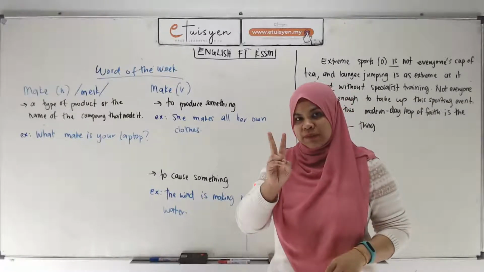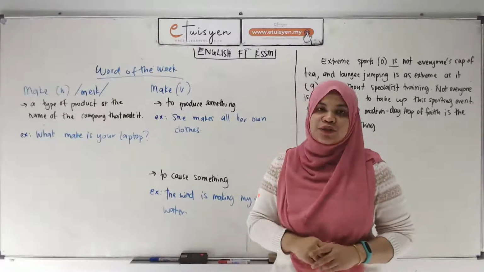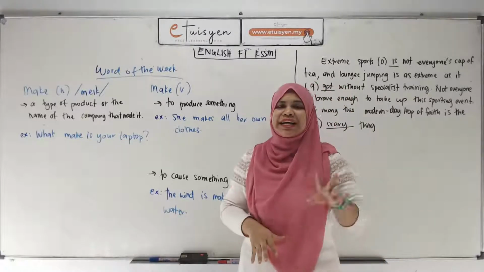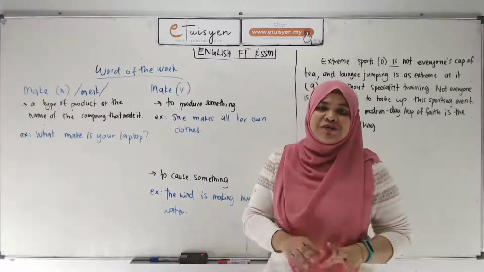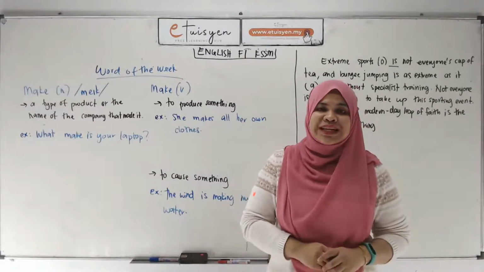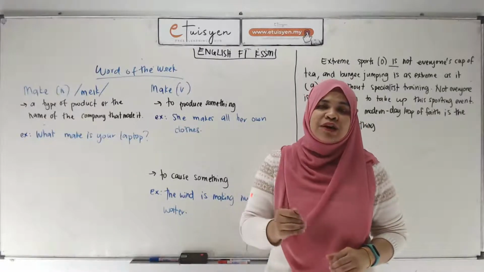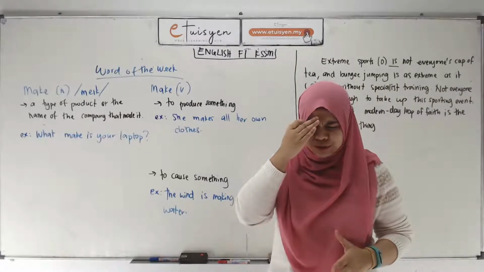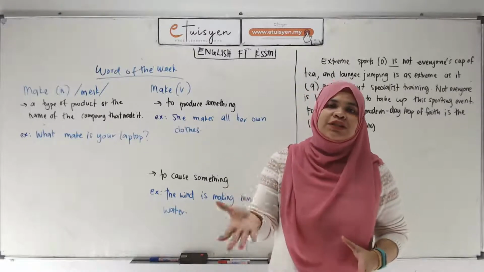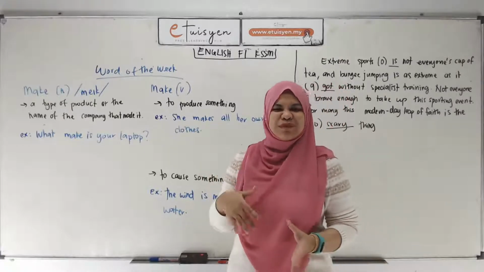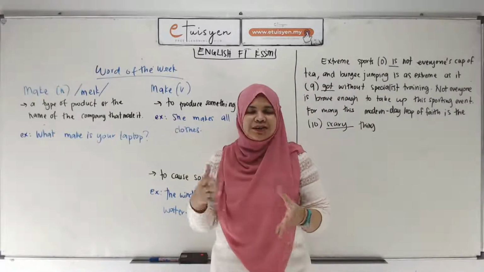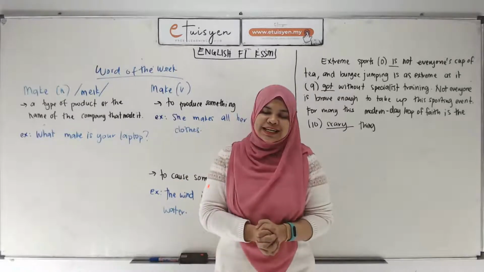Now you will have 2 papers, iaitu your reading ataupun kalau dulu kita panggil pemahaman. Okay, jadi reading comprehension, and then another one is your writing one. Now usually untuk speaking dengan listening, your teacher will schedule it somewhere, probably 1 month before, ataupun ikutlah your teacher yang akan schedulekan.